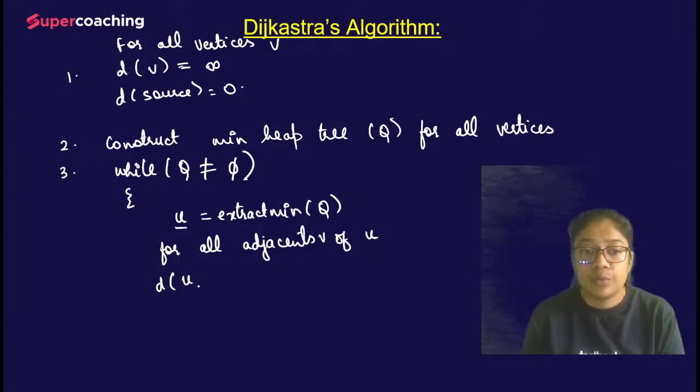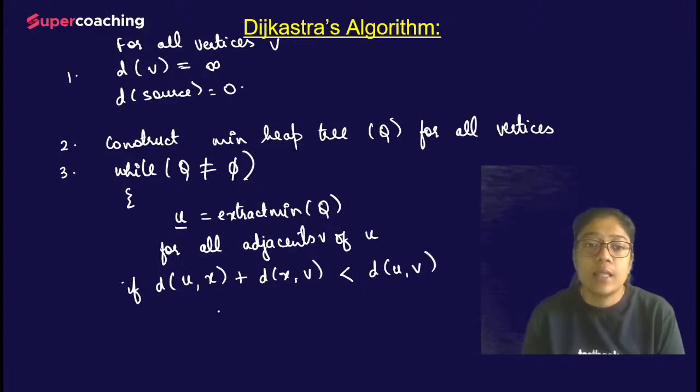U to V. U to X. X is some intermediate vertex, and if distance from X to V, that is the adjacent vertex, is less than the distance from U to V, then we are going to update this value.